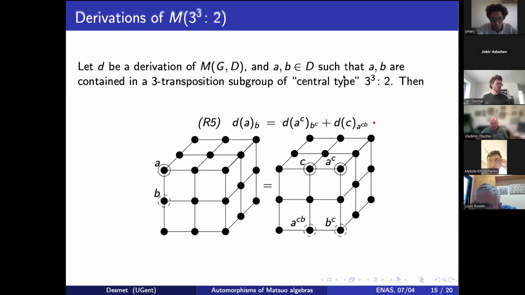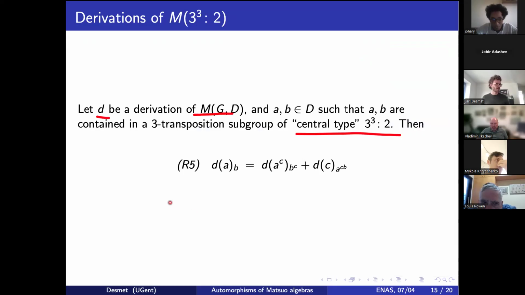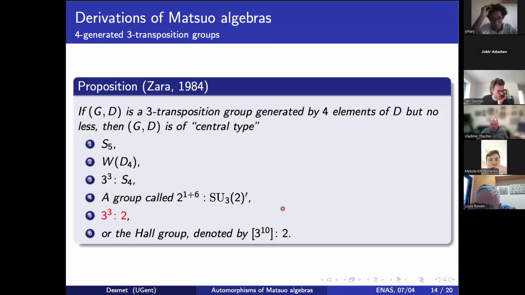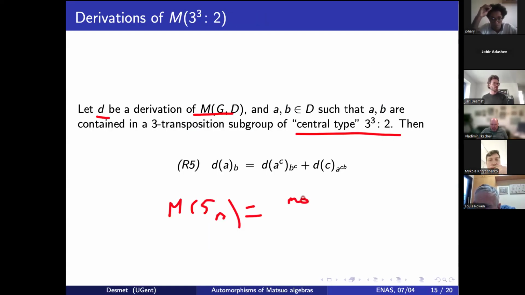But for example, if I take the Matsuo algebra, then it's essentially equal to the Jordan algebra given by matrices where the sum of the entries in every row and every column is 0. So n by n matrices where the entries in every row and every column sum to 0. This is the way you can think of Jordan algebras.